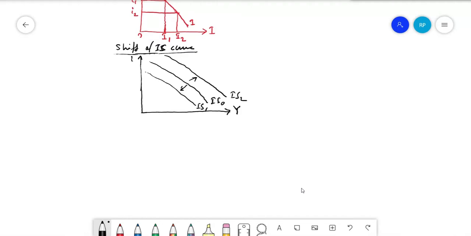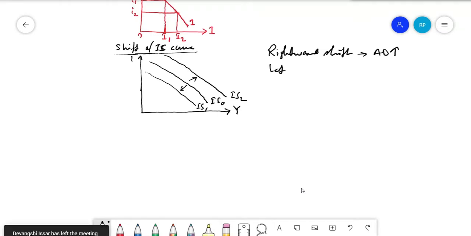The IS curve can shift rightward and can also shift leftward. A rightward shift represents an increase in aggregate demand, and a leftward shift represents a decrease in aggregate demand.